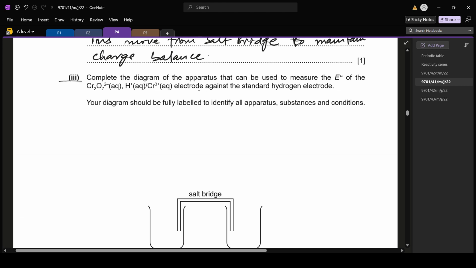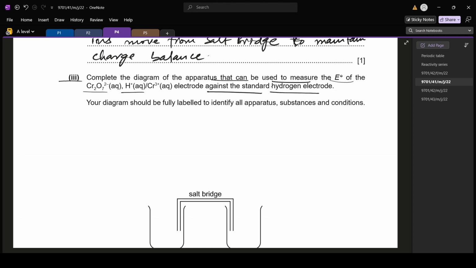Part 3. Complete the diagram of the apparatus that can be used to measure the electrode potential of the chromium dichromate(VI) ion electrode against the standard hydrogen electrode.